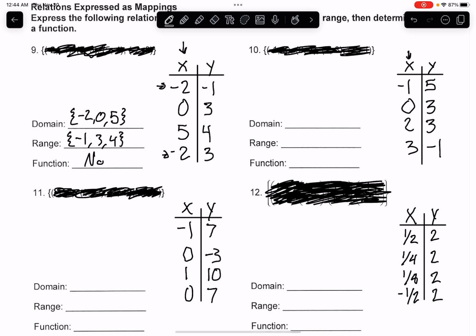Domain is x values, so my set of x values is -1, 0, 2, and 3. Range, -1, 3, and 5, because the range is just my list of y values. Is it a function? Well, got -1, 0, 2, and 3. No repeated x values, so yes, this is a function.